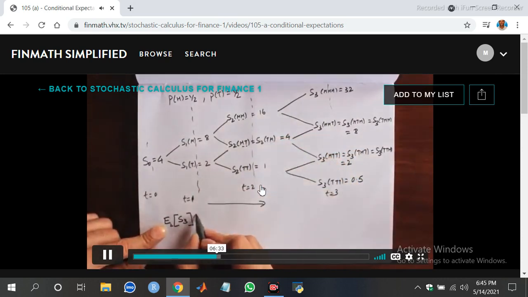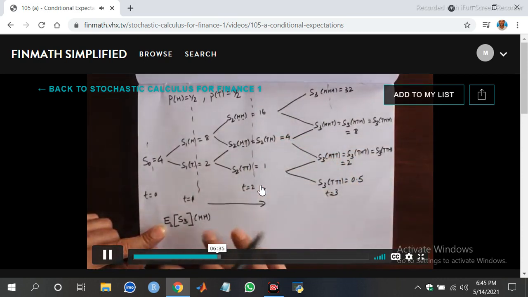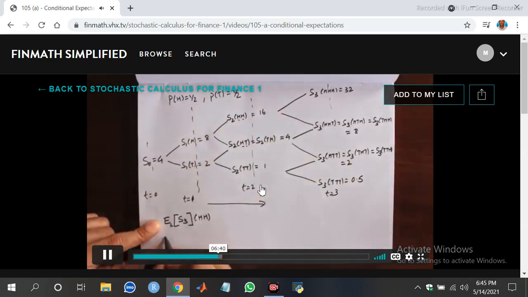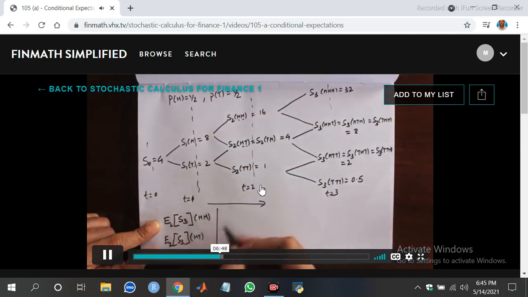So we can calculate the expected value when the first 2 coin tosses were head head. We could calculate the expected value of S3 at time 2 if the first 2 coin tosses were head tail, and we can calculate the expected value of S3 at time 2 if it was tail head, or we could get the expected value of S3 if it was tail tail.